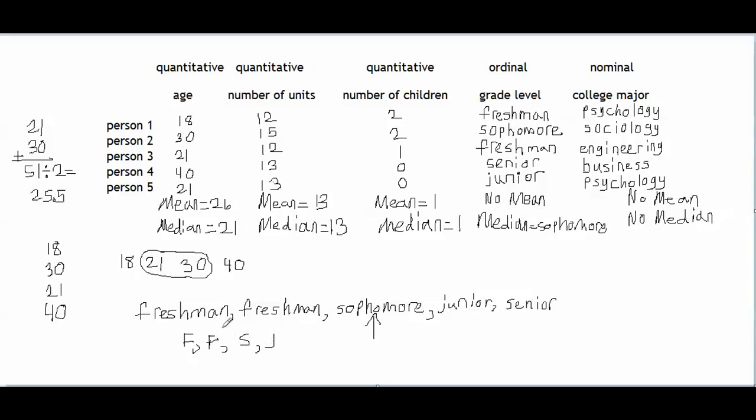I have 2 middle values, which are freshman and sophomore. I can't add the 2 middle values and divide the total by 2. So if I have an even number of ordinal values, there's no clear way to find a median. I can only find the median if I have an odd number of ordinal values.